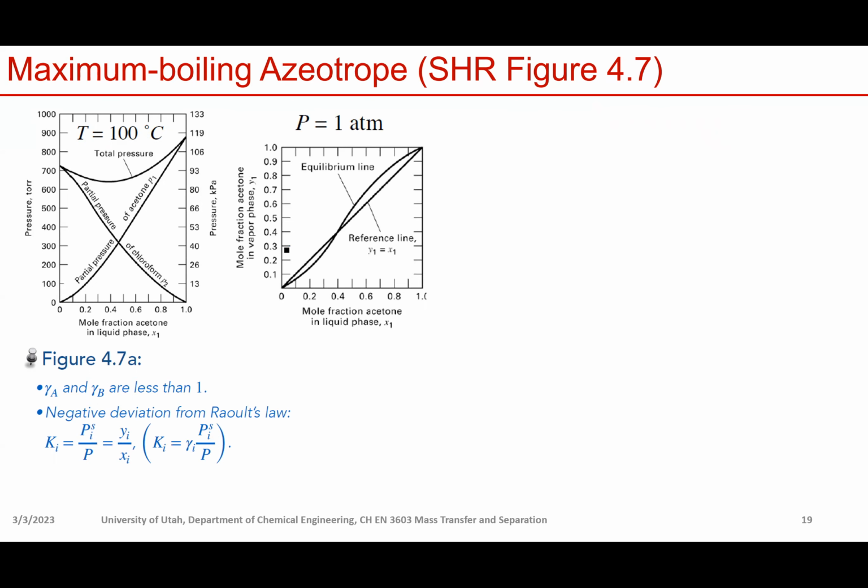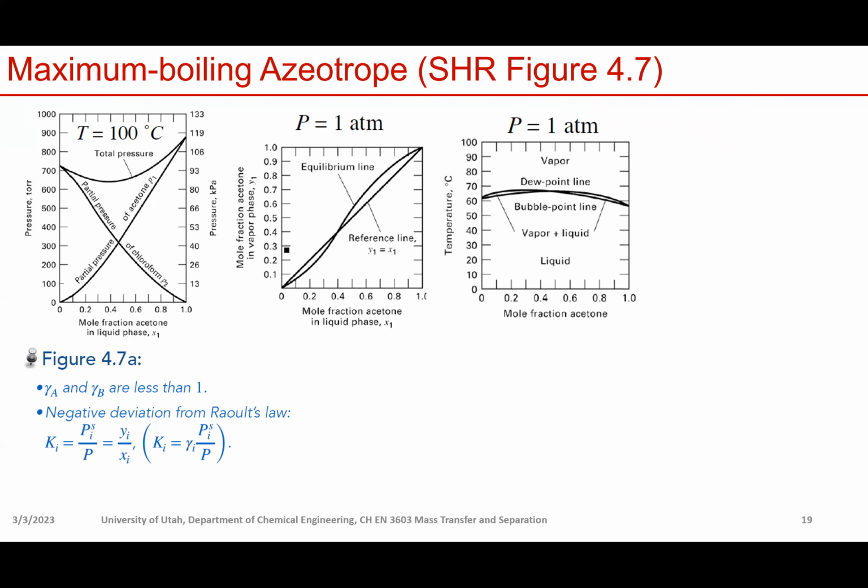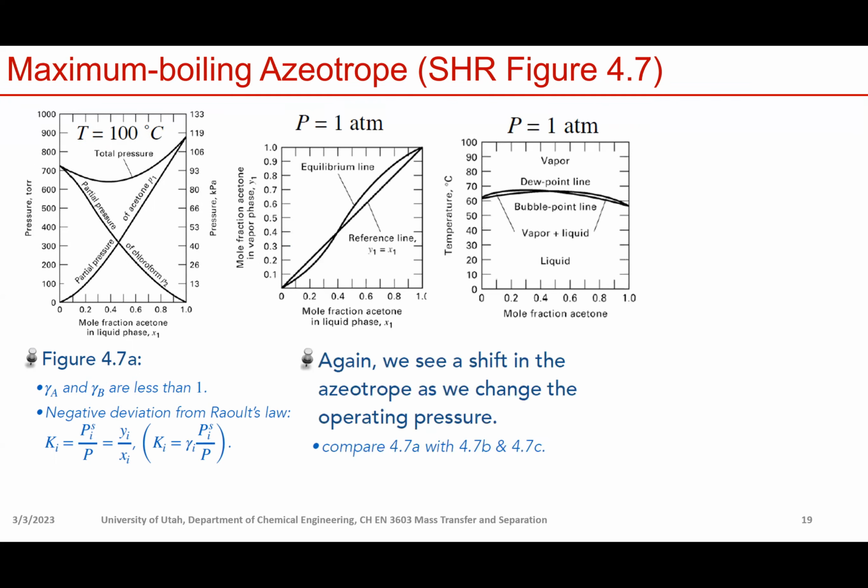And similarly, now your XY diagram will first be convex, then change to concave, but this XY equilibrium curve still crosses the 45-degree line. Okay. And as you change the operating pressure, the azeotrope point will change.